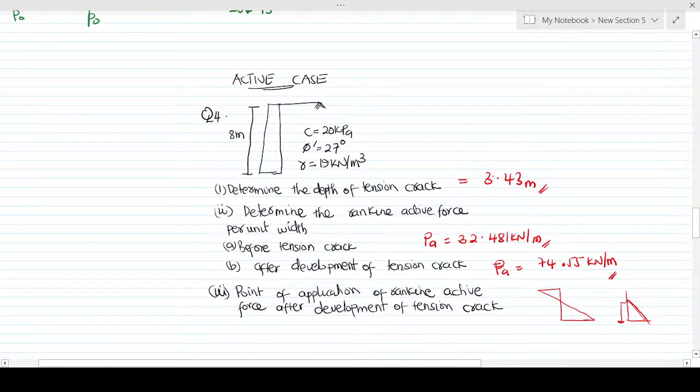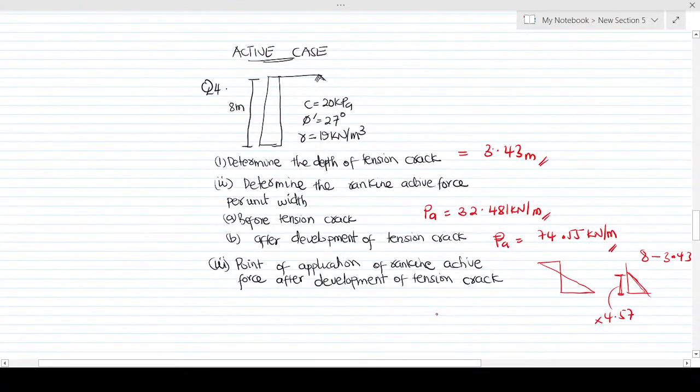Remember that if the total height is 8 minus the depth of tension crack, 3.43, so the remaining height left will be 8 minus 3.43, that's 4.57. So if you want to know where the force acts, it's going to be one third of this value.